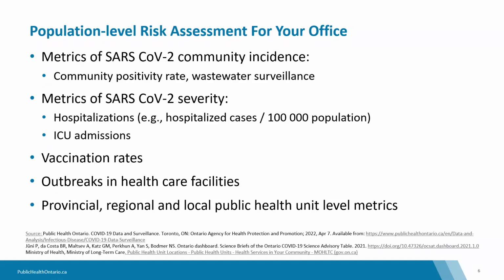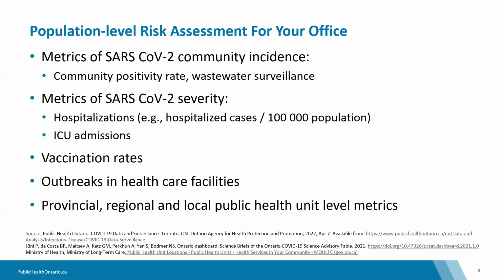And these are a list of some of the metrics in the community that you can look at to give you a sense of how much of this illness could potentially be in your office at any one time. There are metrics of positivity rates. In very quick overview, wastewater surveillance, we talk a lot about it.